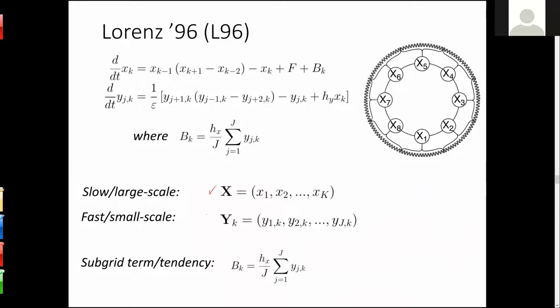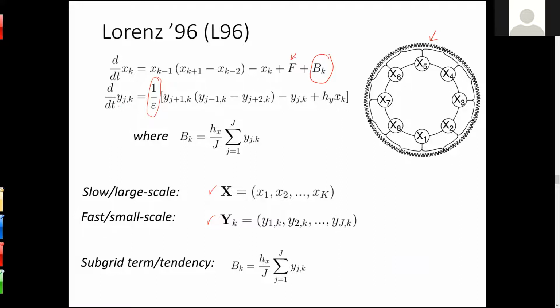I use X for the slow variables or resolved variables, and Y for the unresolved variables. So what we want to eliminate is Y, and just take its effect in the form of BK. F here is a constant, and BK is the only part where Y enters the evolution for X. Together with periodic boundary conditions, this is a schematic diagram for the model. Your X are your large scale variables, which are also slow because we introduced that 1 over epsilon parameter there.